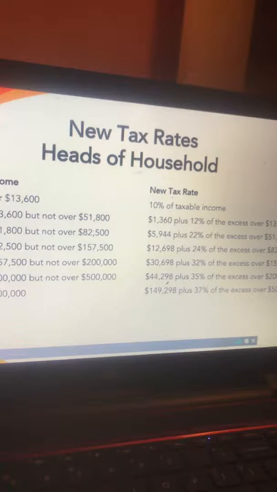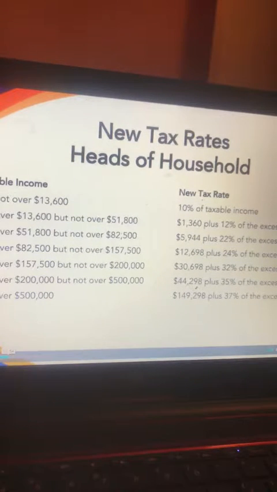Over $157,500, 32%. Over $200,000 but not over $500,000, we're back to the 35% tax rate. We don't have the penalty that we see in married filing separately if we can file as head of household. And over $500,000, it's a 37% tax rate, as we saw previously.